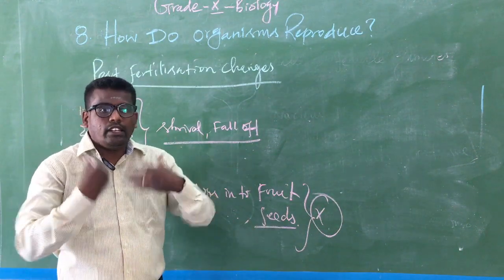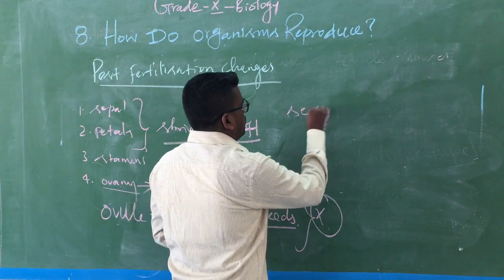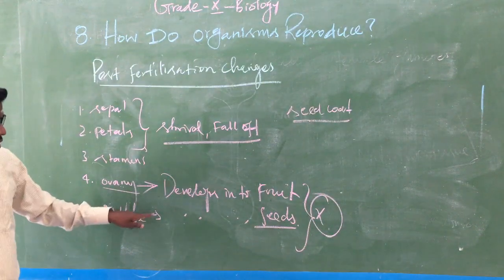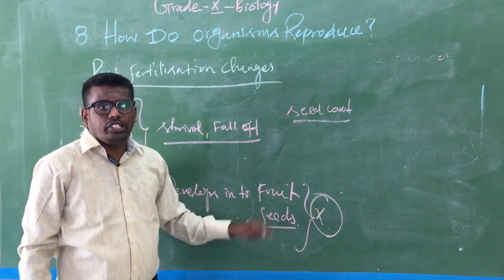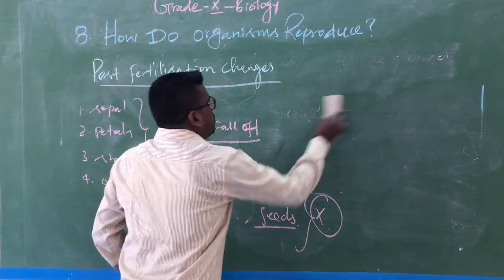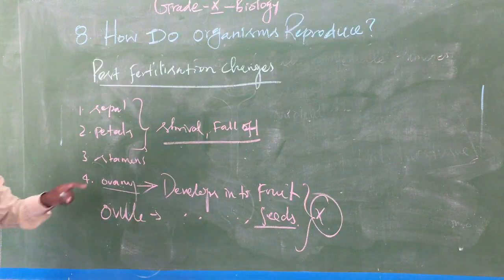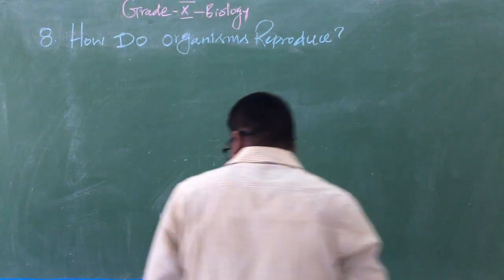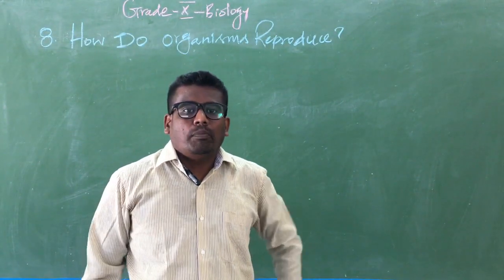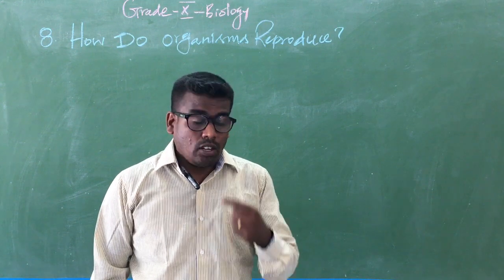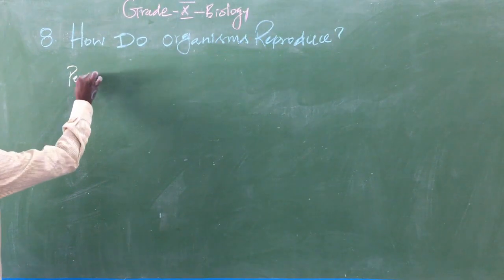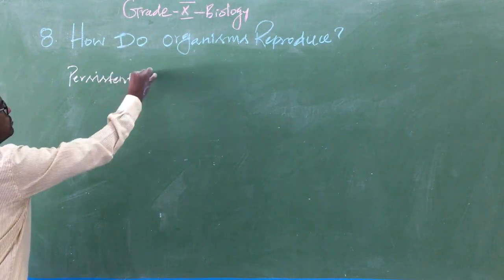The seed contains a coat, that is the seed coat. So the ovule develops into the seed coat and seeds. Sometimes in some plants the calyx and corolla may remain. That is called persistent calyx.